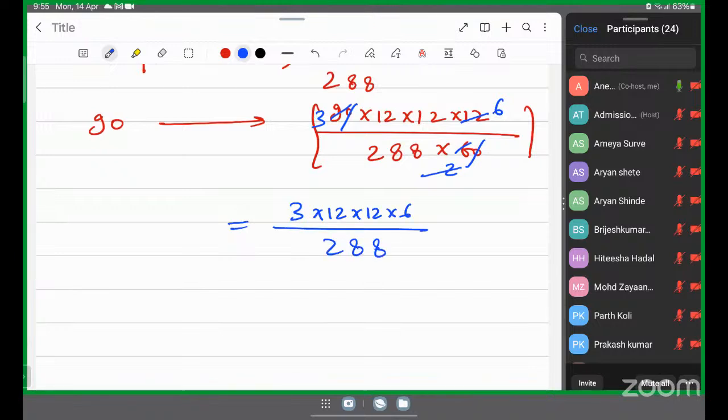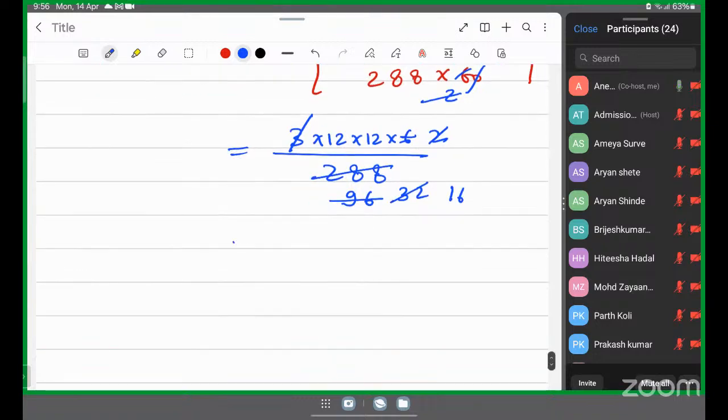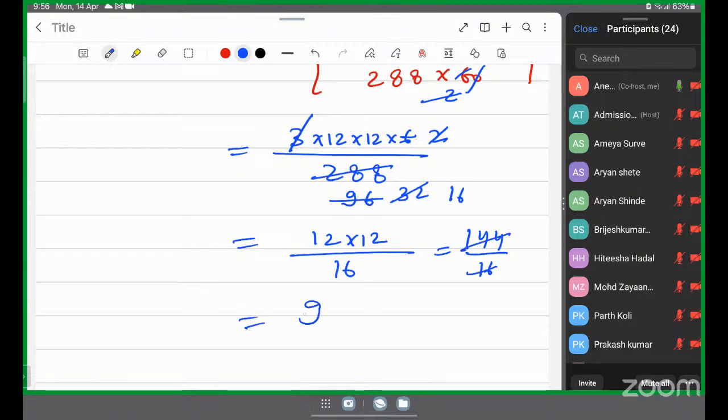So 288 divided by 3 will be 96, and this again divided by 3, this will be 12 into 12 by 16. 144 by 16 means this will be 9. So total 9 hours will be taken to empty the tank completely.